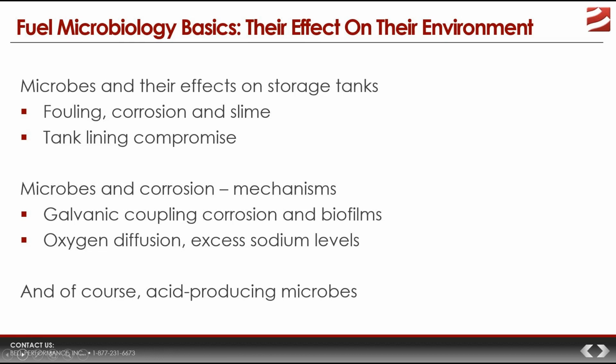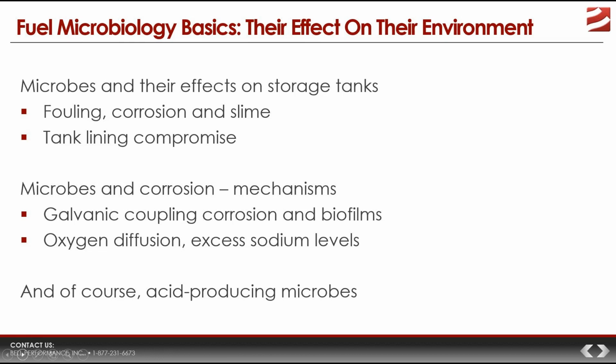There are multiple mechanisms that can happen with that. The most prevalent mechanism for corrosion in the wetted area, not in the vapor space, involves formations of galvanic couples. When you get a galvanic couple, you get movement of electrons from one side to the other. That helps cause corrosion issues.